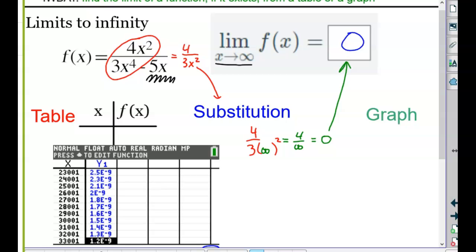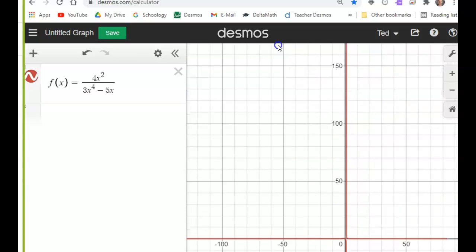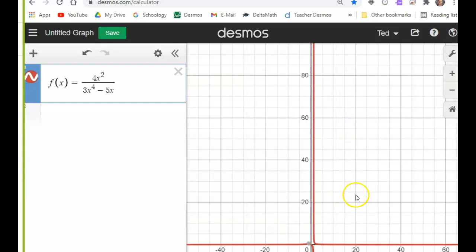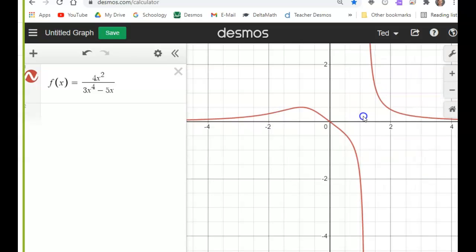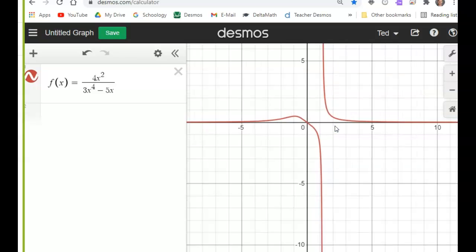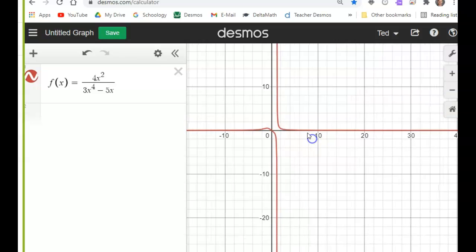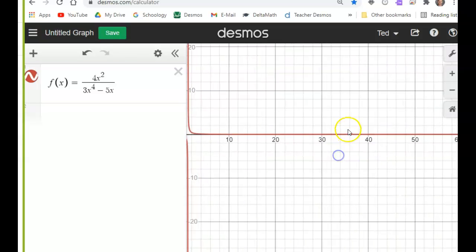Okay. So here's my graph. If we zoom in carefully, it looks like a pretty unique graph, right? In the middle. But we don't care about when x is 1 or x is 2. We care about when x is positive infinity. So what happens is I go to the far right.